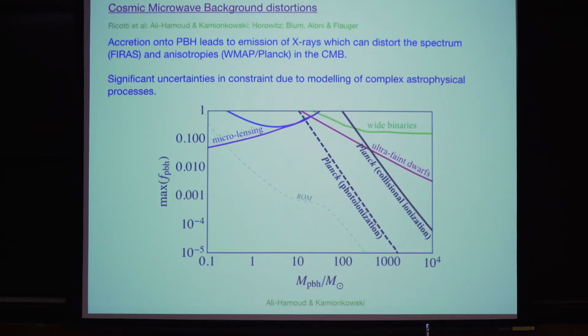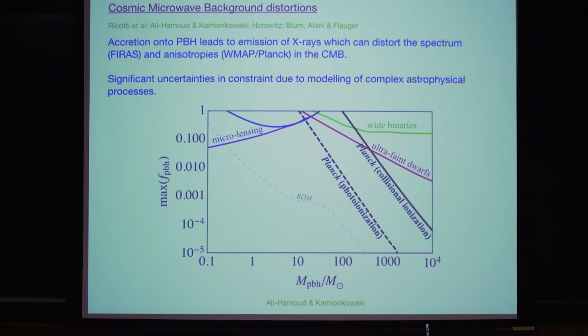So we've talked about microlensing and dynamical effects. Now coming on to something a bit different. You would actually get radiation accreted onto the black holes, which then leads to emission. So potentially X-rays, which could distort the spectrum of the cosmic microwave background, and the spectrum of the CMB is something that's measured accurately with FIRAS, and could also affect the anisotropies as measured by WMAP and Planck.